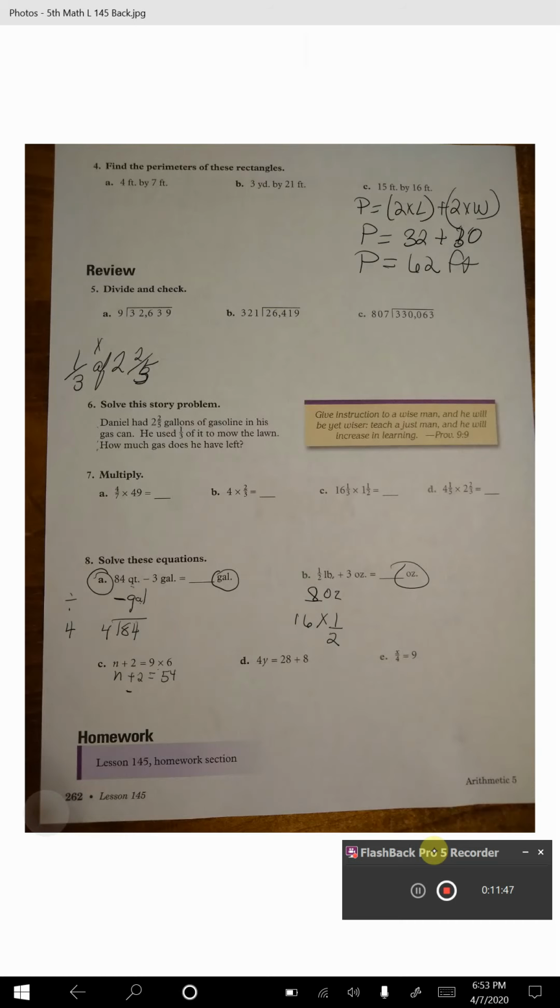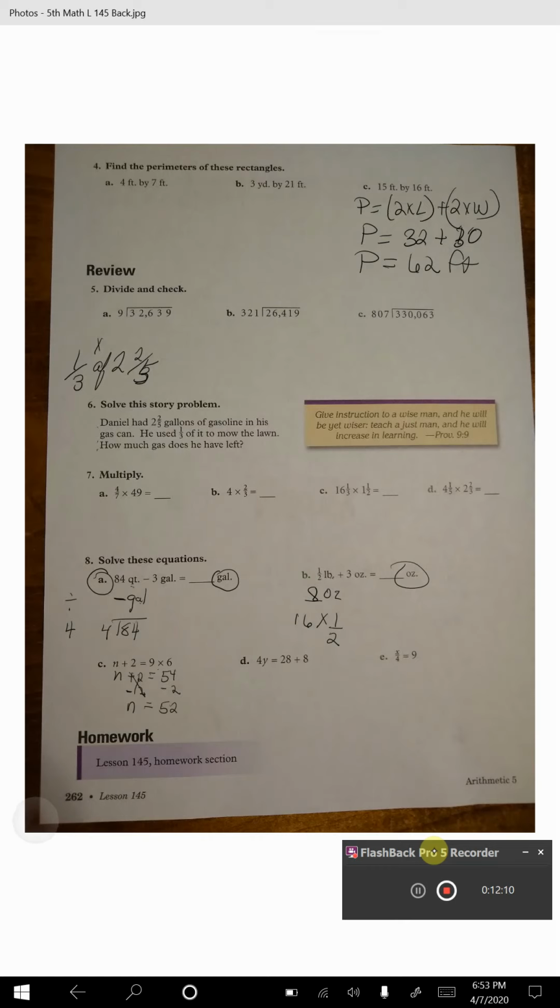The opposite of n plus 2 is minus 2. So we're going to do minus 2 over here. And like I said, this is a little different than some people set it up, but it works for me. So this is gone, so I'm left with n. And that equals whatever 54 minus 2 is, 52. Now I want to put it in the problem.